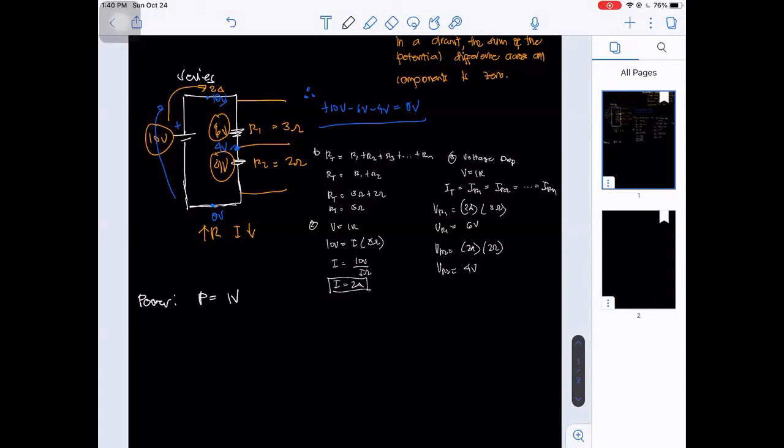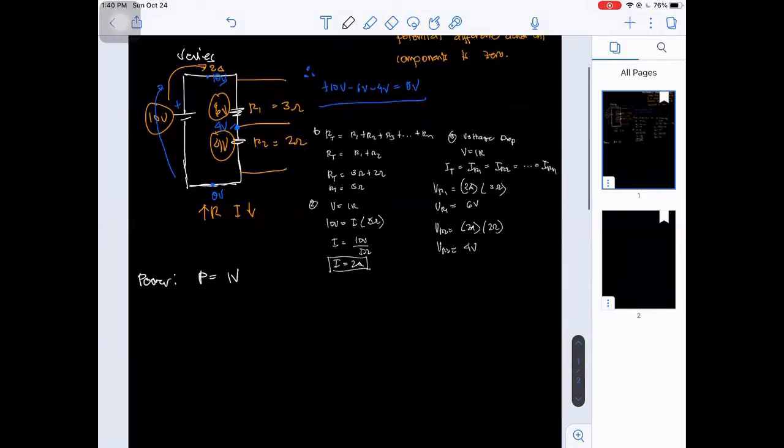Since we now have the total voltage, by the way, we can also derive other formulas for power.